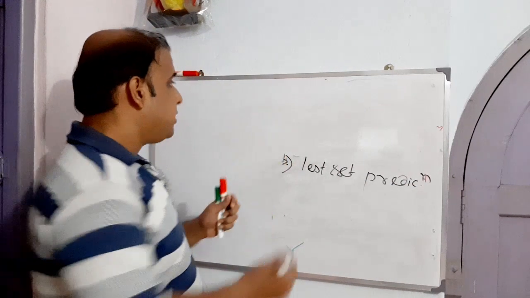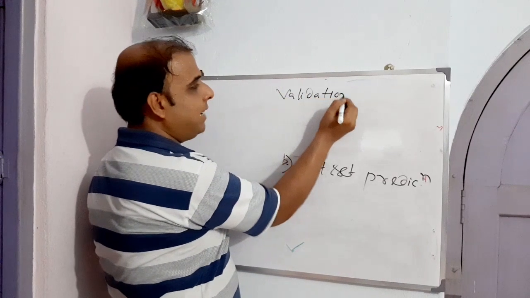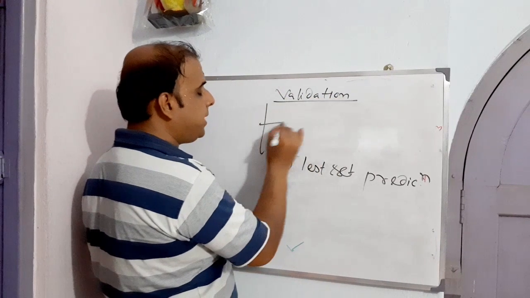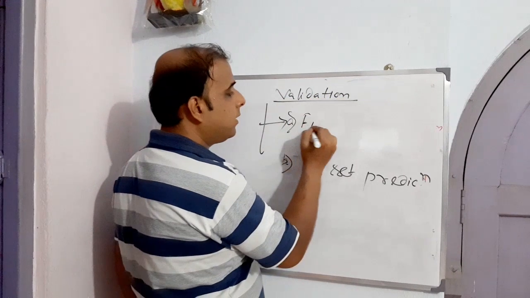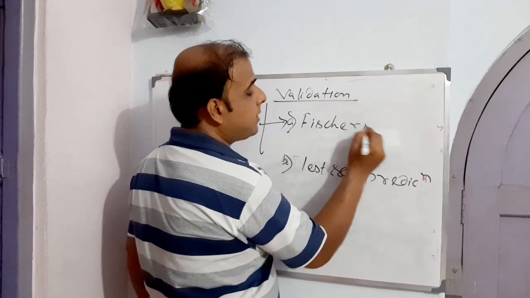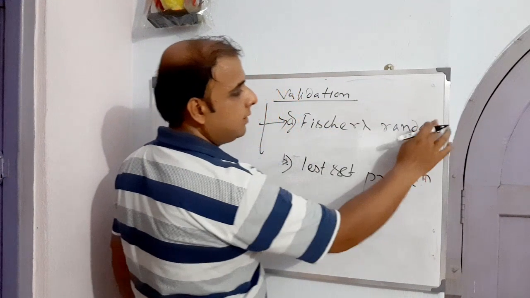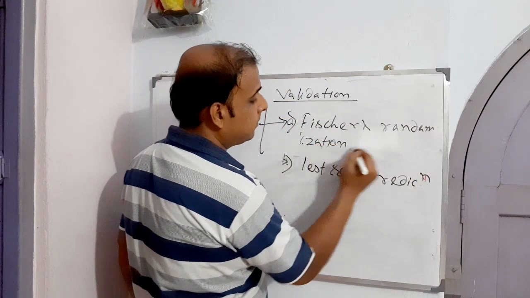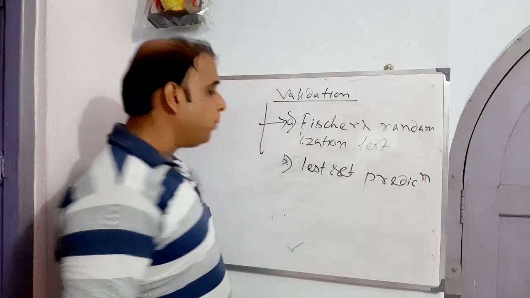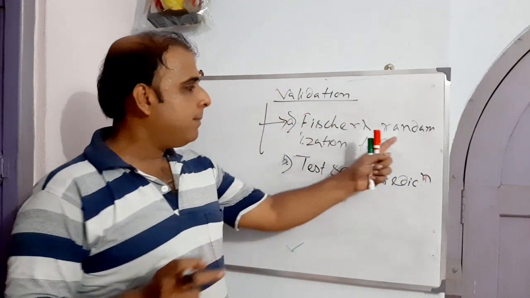Okay. So under validation, as I said, it includes 3 different steps. In the first step, what you are doing is Fisher's randomization test.